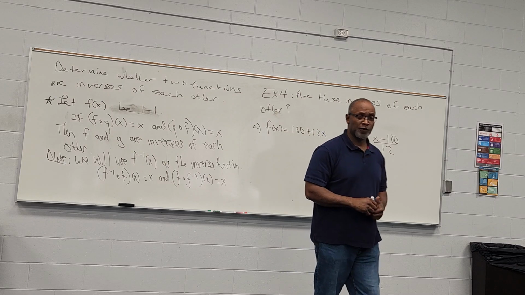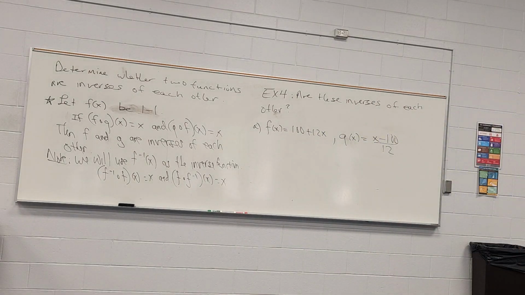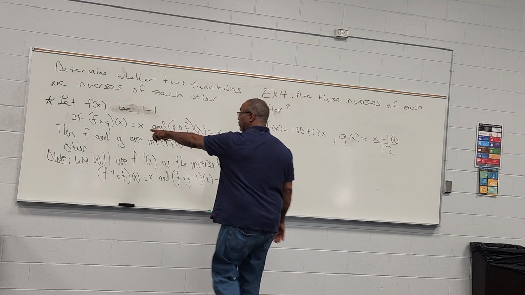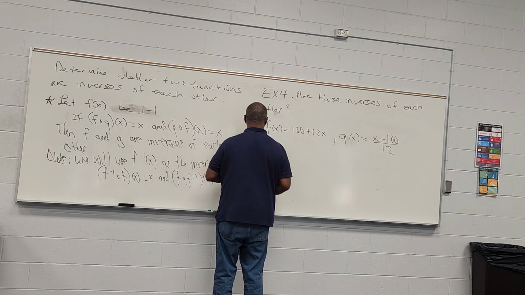Okay, they give me those two functions, and they want to know, are these two things inverses of each other? Okay, well, let's use our test. I need to compose f composed with g of x and see if I get x. Then I'll do the opposite, g composed with f of x and see if I get x.